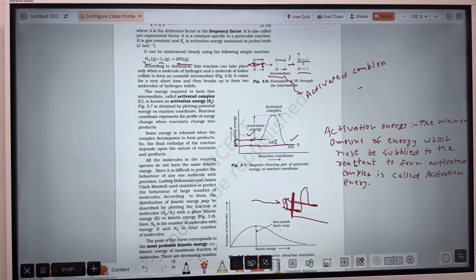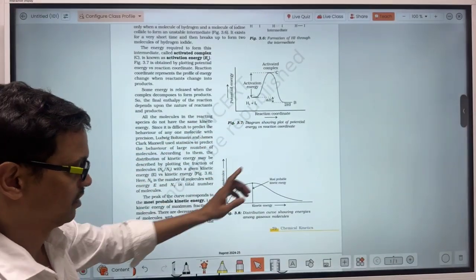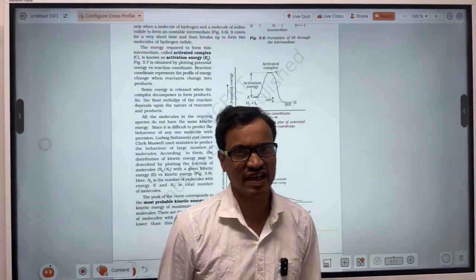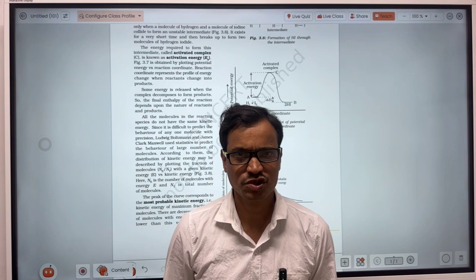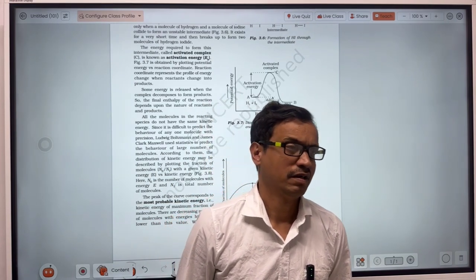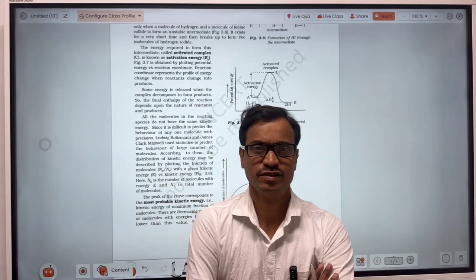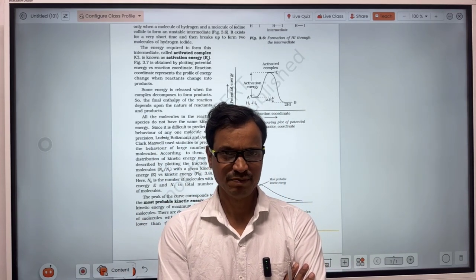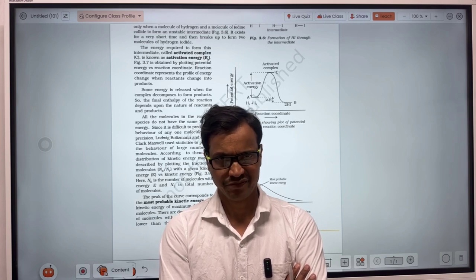Okay. So what happens when we supply the energy goes on this graph. One point here comes about the most probable kinetic energy. I think you are aware of the most probable velocity of gases. As was the most probable velocity, the same is the most probable kinetic energy.